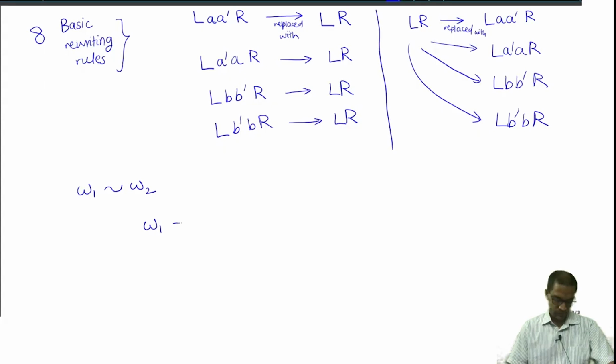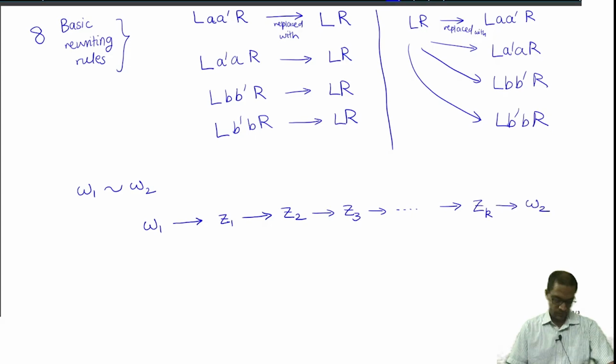So I take W1, I apply one of my basic rewriting rules, and it gives me some word. I should call it something. Maybe I get a word Z1. And I take this word Z1, I apply one other basic rewriting rule, maybe it gives me a word Z2, and on Z2 I apply one of the rules, I get Z3, etc. I keep doing this, say at some point I get Zk, and to Zk I finally apply a rule and it transforms into W2.